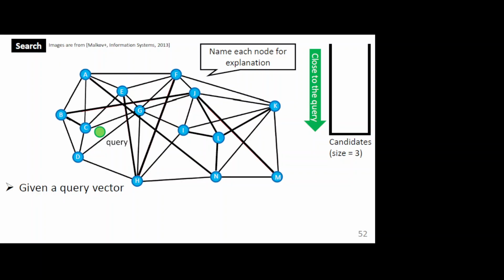When we visit and traverse the graph, we will visit several points and we will keep some of them. Here we keep the candidate size to be 3. It means we will keep at most 3 candidates in this bucket. This is the basic structure we have to maintain, along with the graph structure.